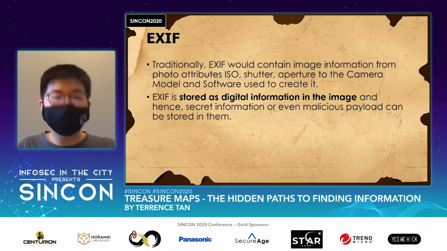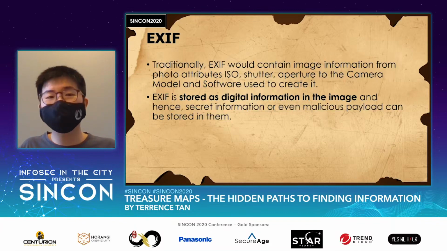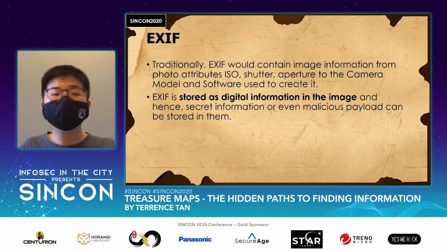And because of that, the EXIF is actually stored as information in the image. So as a digital image, you can store additional digital information to it. It is just another route that attackers can use to load information, secret information, or even malicious payload.